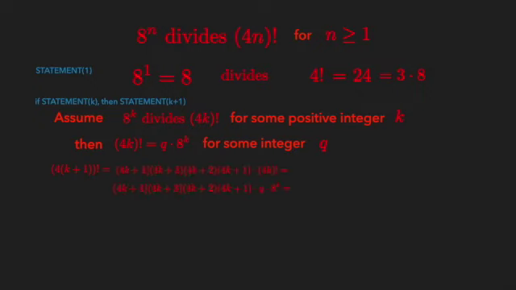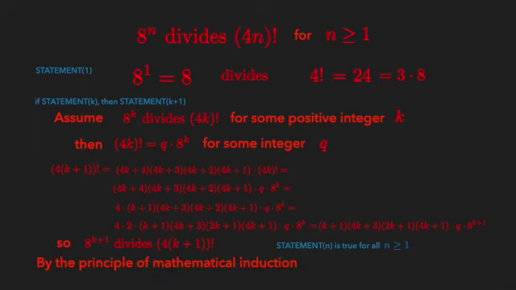We replace 4k factorial with q times 8 to the k, factor out a 4, factor out a 2, and then notice that it's an integer times 8 to the k plus 1. So we have that 8 to the k plus 1 divides 4 times k plus 1 factorial. Therefore, the statement is true for all n greater than or equal to 1. So we say, by the principle of mathematical induction, 8 to the n divides 4n factorial for n greater than or equal to 1.